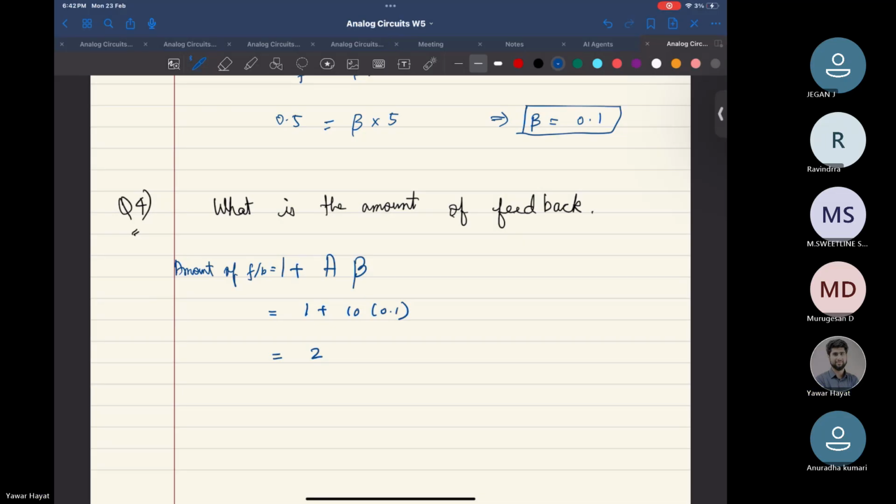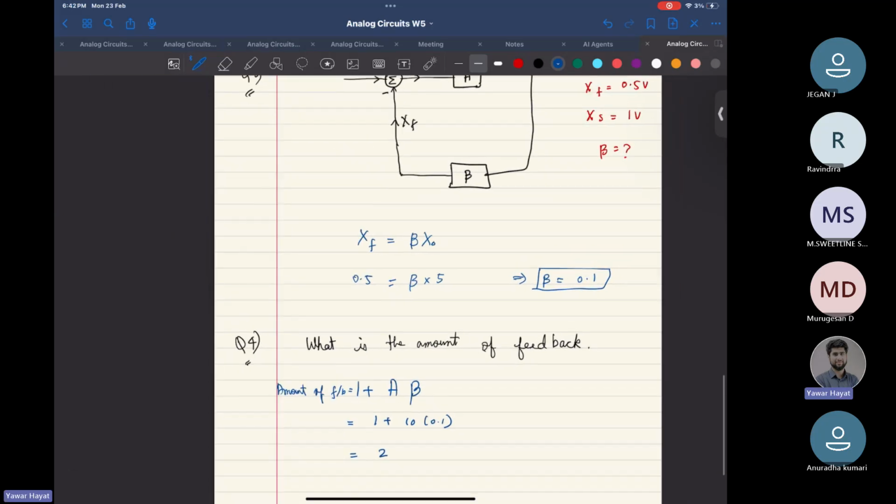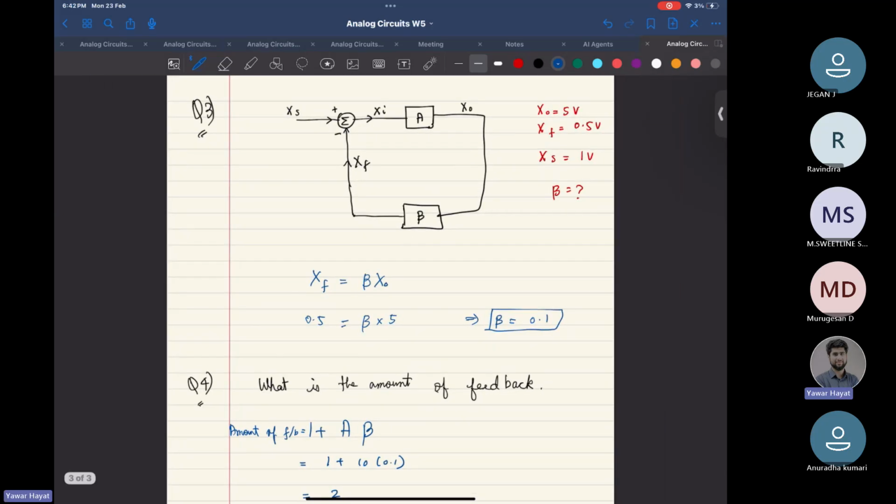Okay. Now let's take up another one. Feedback arrangement is shown, with x naught, x f, x s. What about if I keep the same set of specifications? Suppose I keep x naught this, x f this, and x s this.